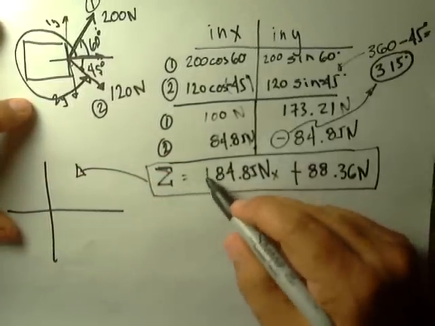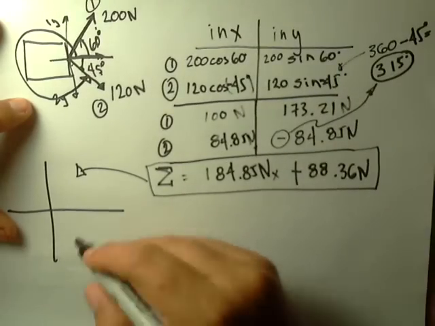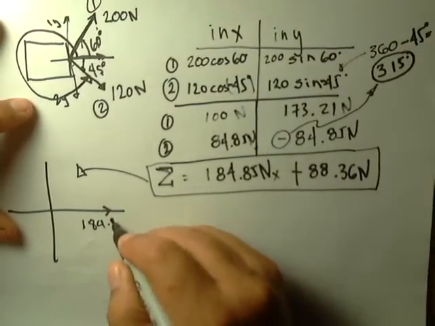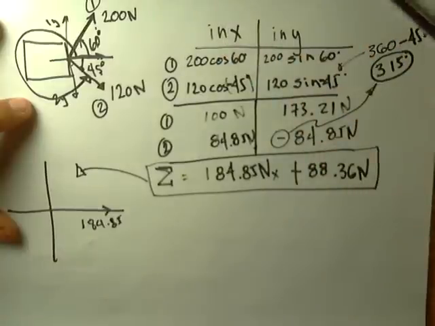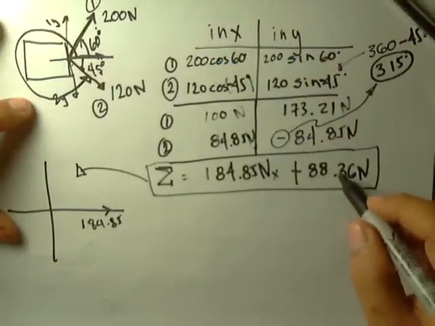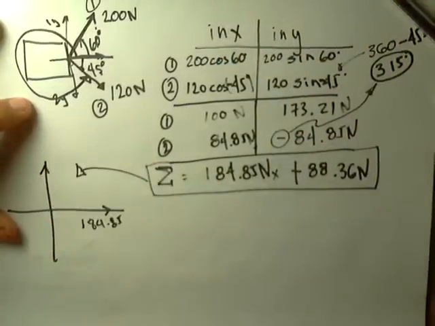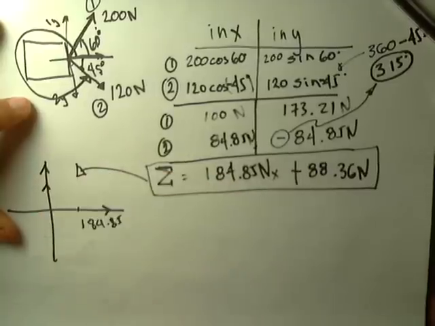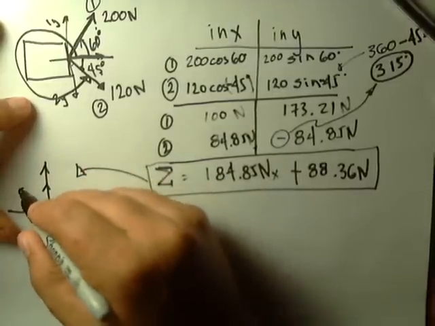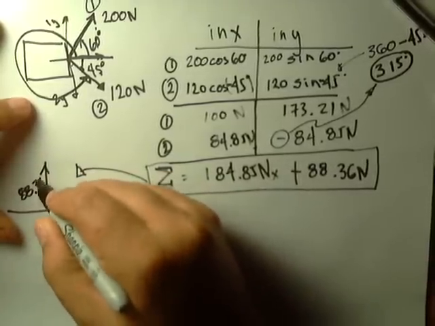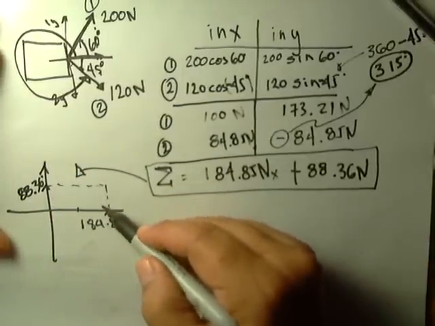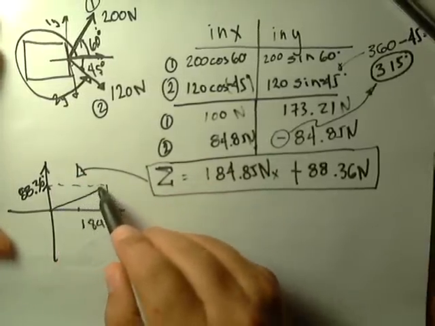We have positive x, so we have here 184.85, and in y we have positive 88.36, right? So we will end up with this resultant.